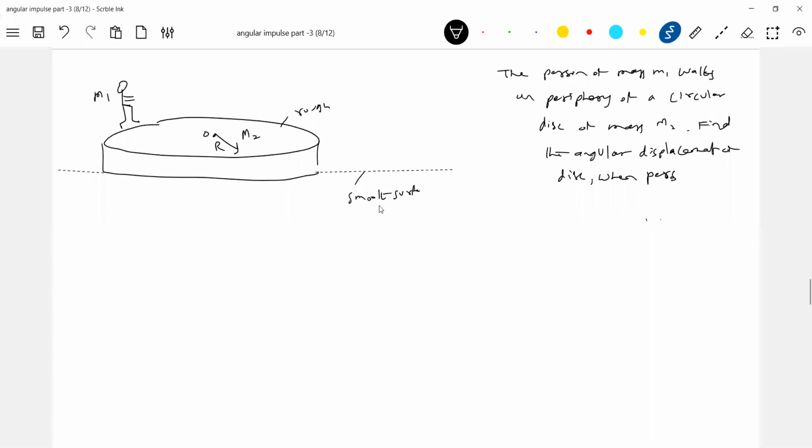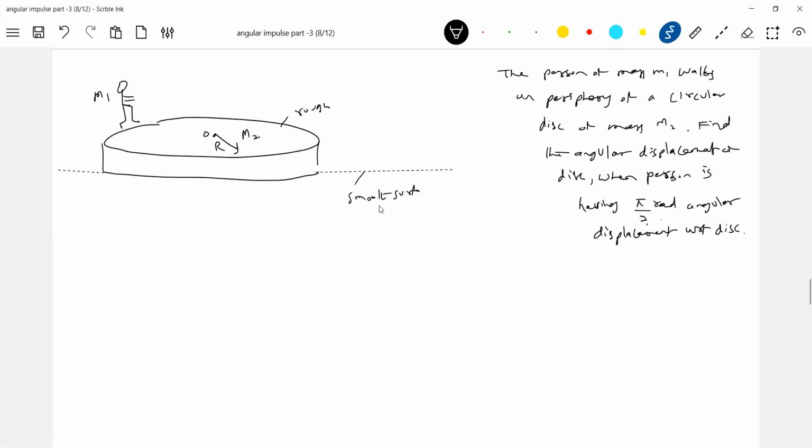Different books tell it in different ways. Quarter will be how much? Pi by 2 radians angular displacement with respect to this.